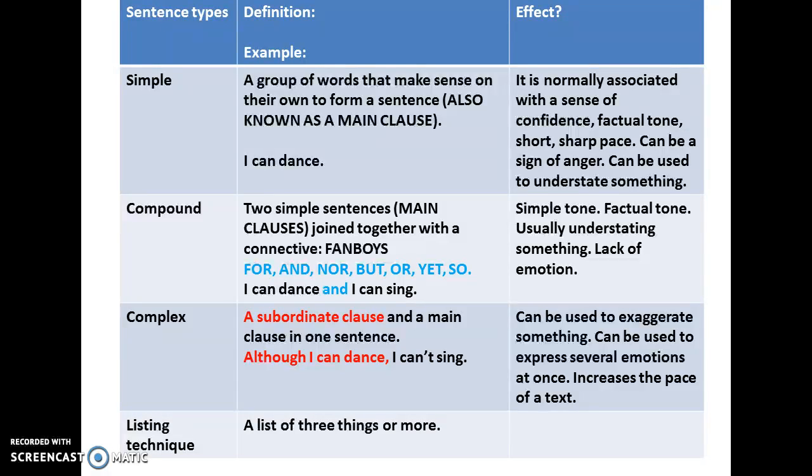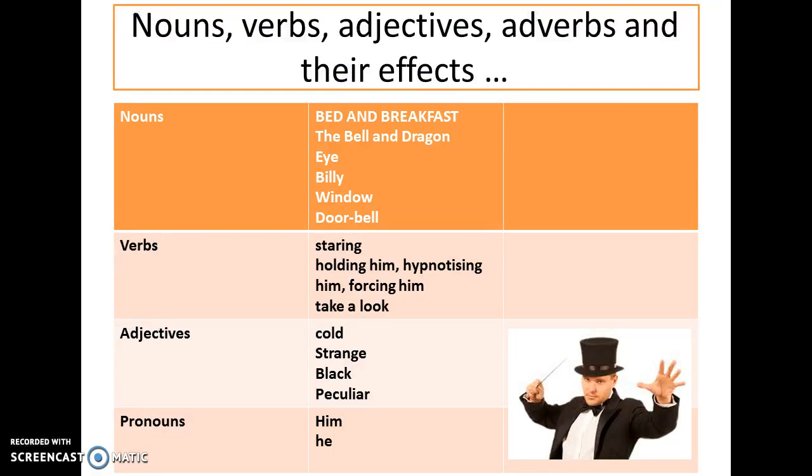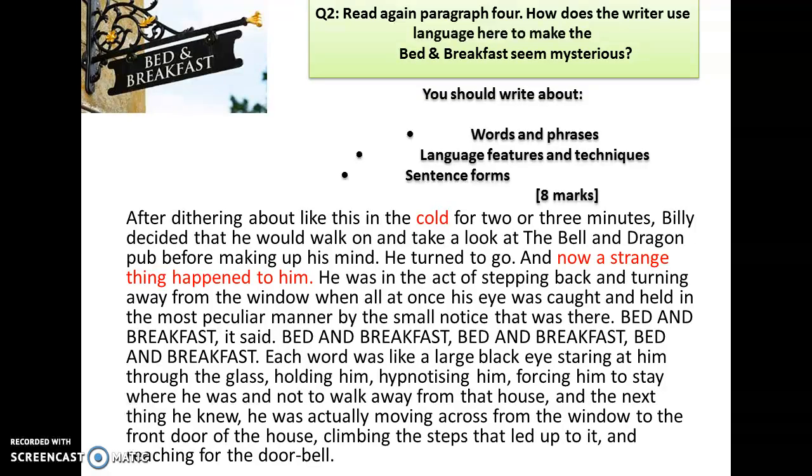However, complex sentences are used to create this sense of urgency. Emotive language is often used to increase the pace. You've got these listing techniques often used as well. So let's quickly look back at the extract and look at how the bed and breakfast is described. And you can see here that each word was like a large black eye staring at him through the glass, holding him, hypnotizing him, forcing him, blah, blah, blah.